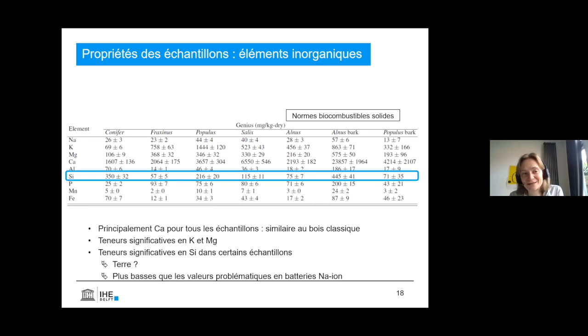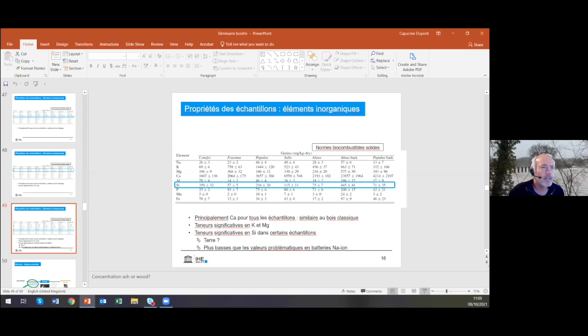If I compare this with other biomasses that we've tested, for example grass or rice straw, that can easily reach 10,000 milligrams per kilogram of silicium, and that is a problem in batteries. There are explanations and mechanisms that we could discuss, but which mean that the performances drop sharply. Whereas here, the content is very low. I was wondering whether it was earth or natural content, but the contents are very low.